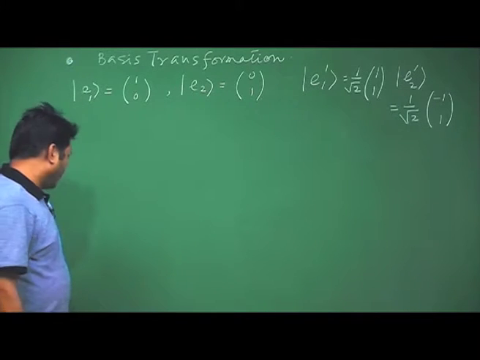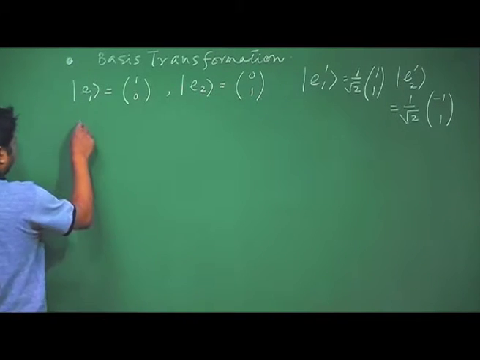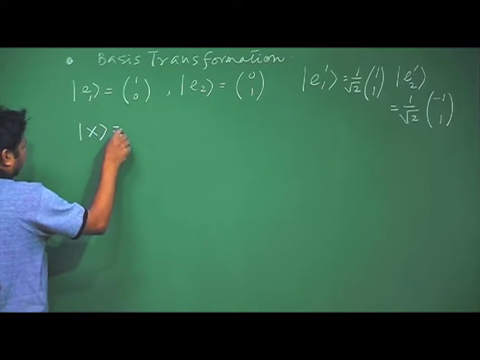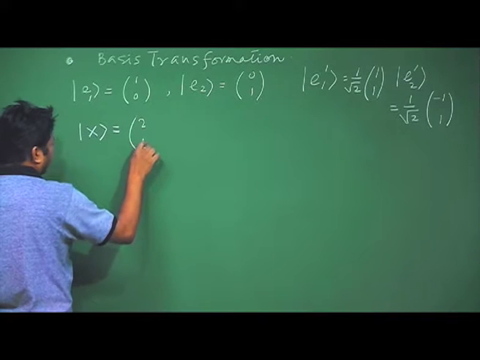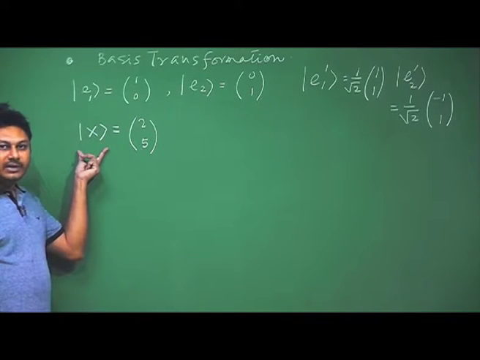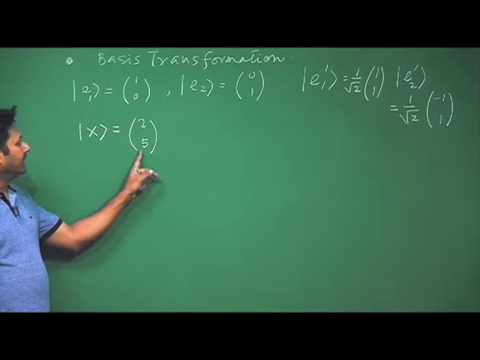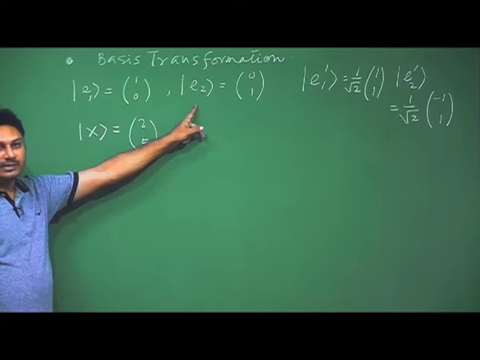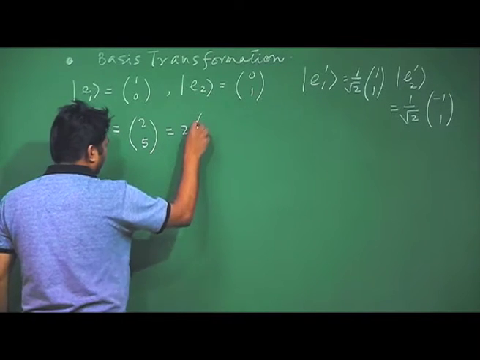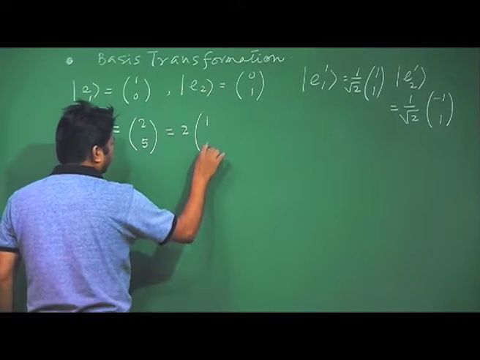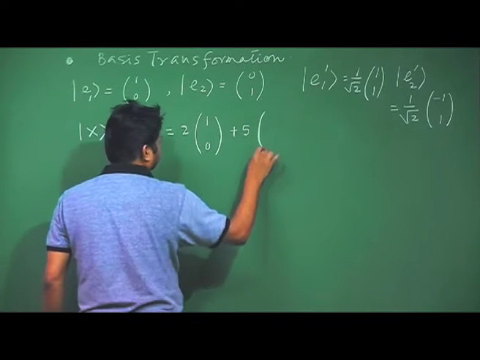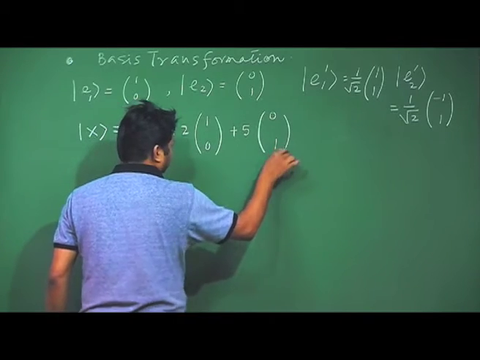So, now the question was, if a vector, that time I wrote x, let me write it, say 2 5, this component 2 and 5 is in non-prime basis or natural basis. So, I can write it as 2 times 1 0 plus 5 times 0 1, like this.